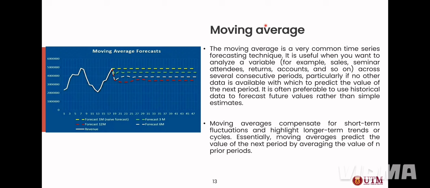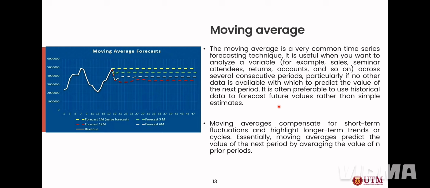The next forecasting method is moving average, which is a commonly used time series forecasting technique. It is especially useful when we want to analyze a variable like sales, attendees, returns, and so on, across several consecutive periods, especially if there is no other data provided. So we use moving average to predict the value of the next period.